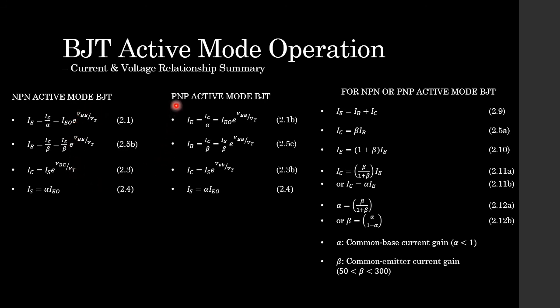And when we look at our PNP, also in the active mode bipolar junction transistor, the only difference between these expressions and the NPN transistor is this biasing voltage, which is no longer VBE, it's now VEB instead, because remember, our base is now an N-type semiconductor for PNP, and our emitter is a P-type semiconductor.